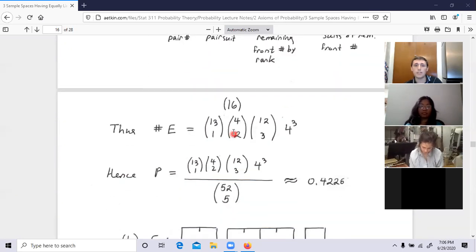So that is 13 choose 1, 4 choose 2, 12 choose 3, 4 cubed. And that's my numerator. Since I have the denominator here, I can use a calculator. The probability is approximately 42% to have 1 pair. So it's 42% likely to have 1 pair.